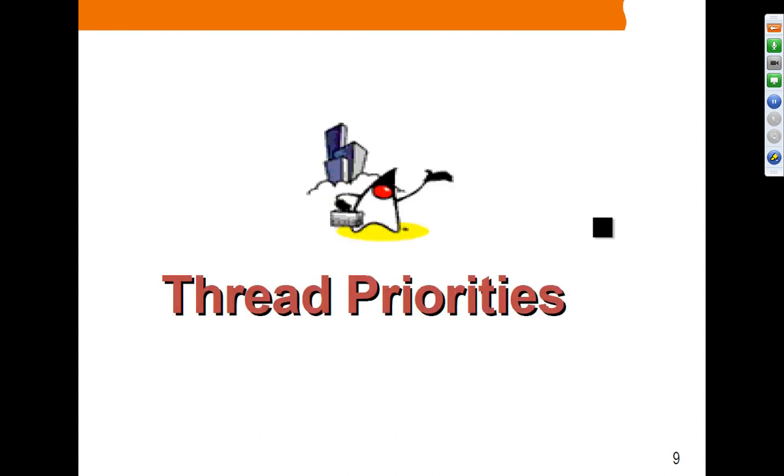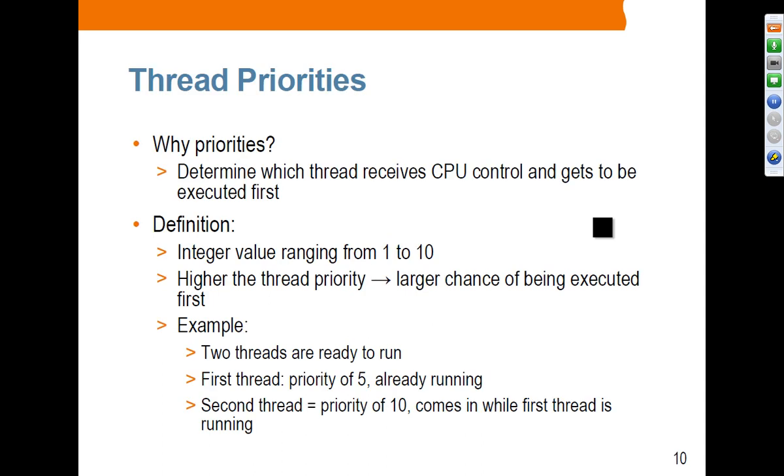Okay, then thread priorities. There are, in fact, 10 priorities in thread. It ranges from 1 to 10. It represents how urgent that thread is to be run. So the higher the number a priority has, the more important it is than a low-numbered thread.